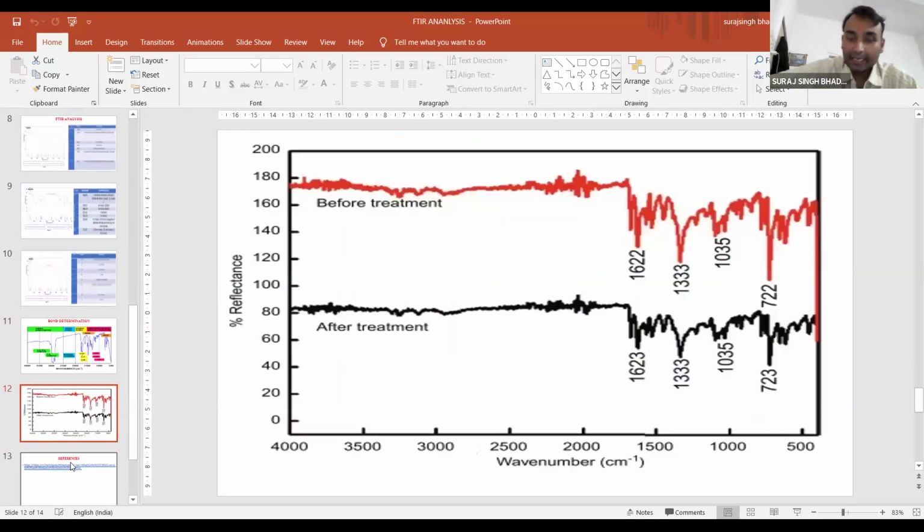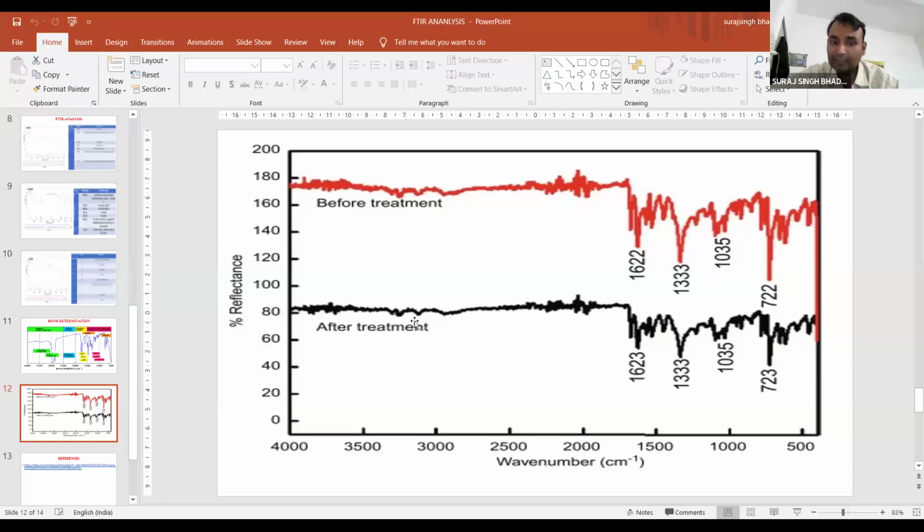Next, you can see another bond determination, the interpretation of spectral correlation before treatment. This is before treatment, this is after treatment. Before treatment, you can see the intensity: 1622, 1333, 1035, 722.